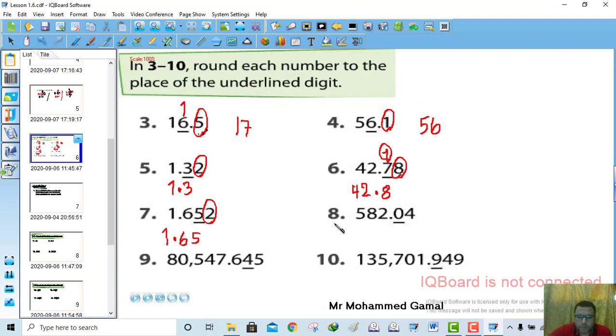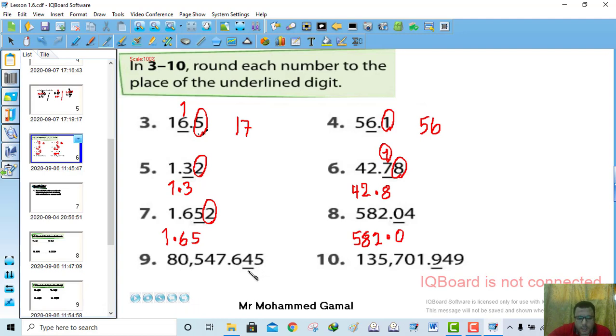Now question number 8, he's asking us to round to the nearest tens. 4 is weak, so the 0 will stay 0, and here is 582 and 0/10.